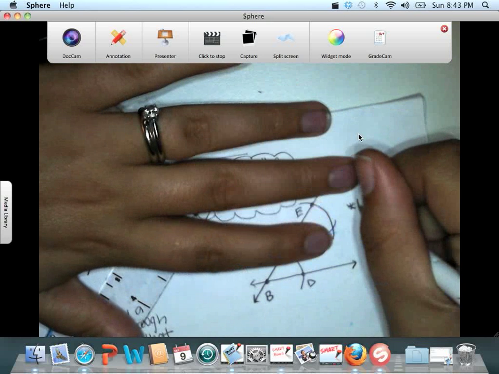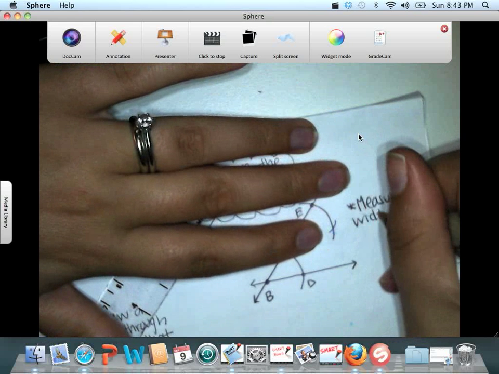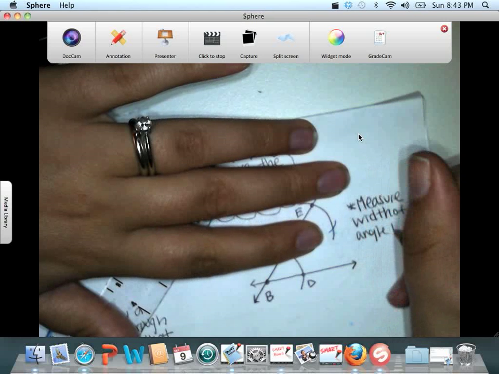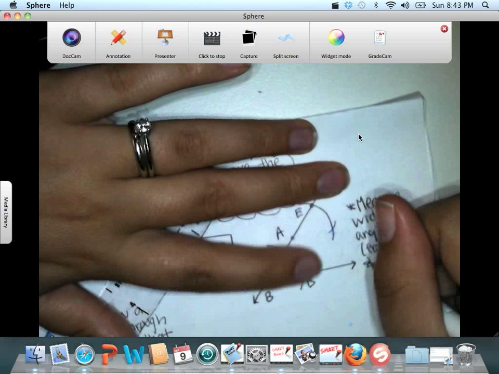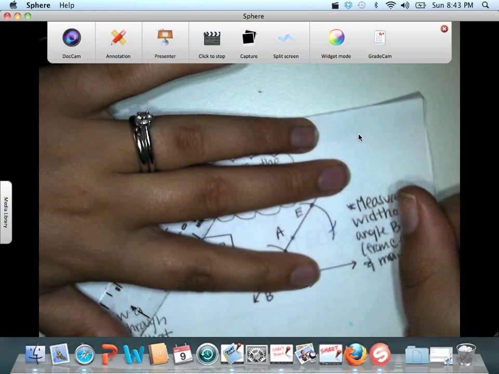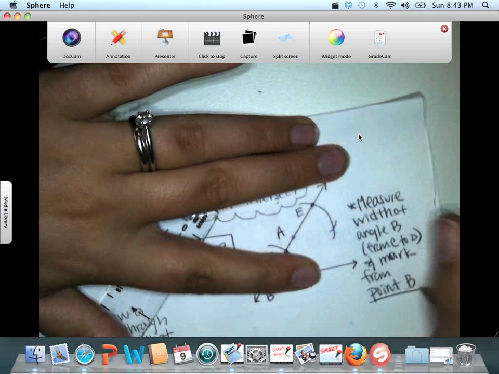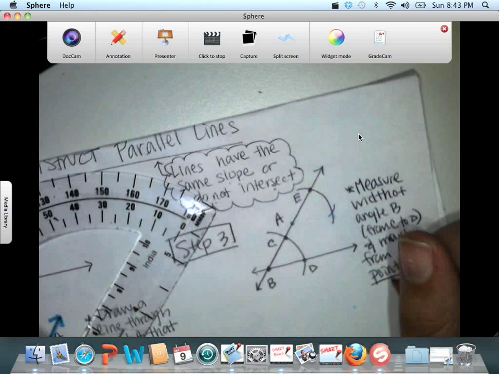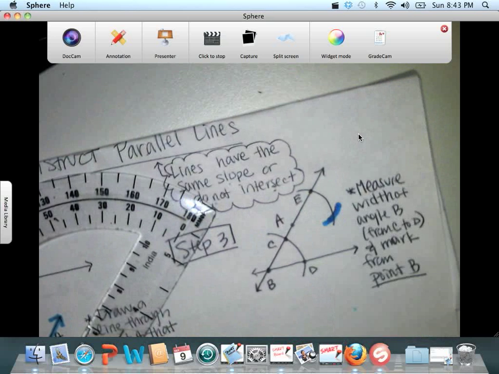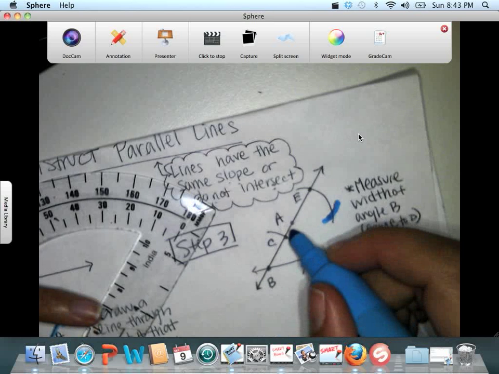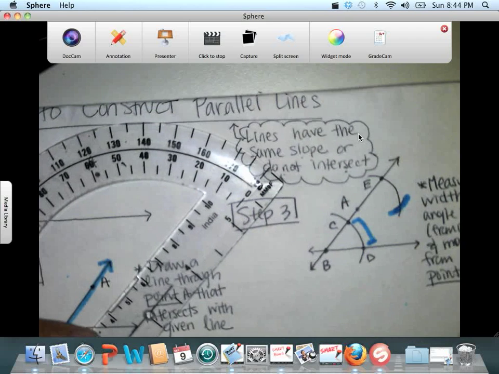So, measure the width of angle B, right, from C to D, and mark from point E. And remember, E was the intersection up here. So this is what step 3 is to create that. And remember, use the width from C to D. Alright? That's step 3.